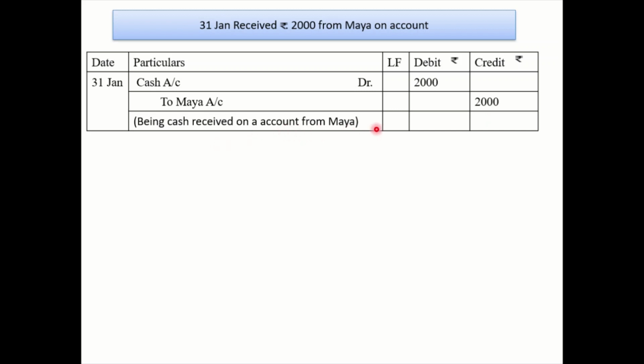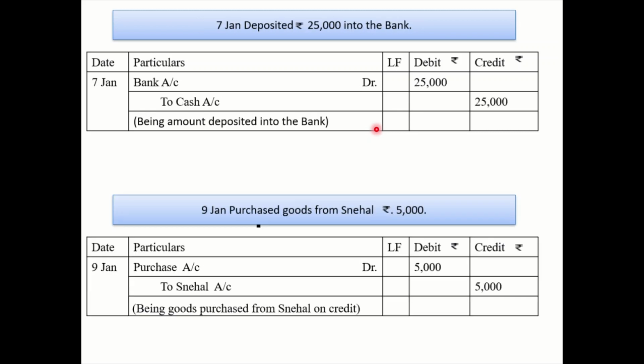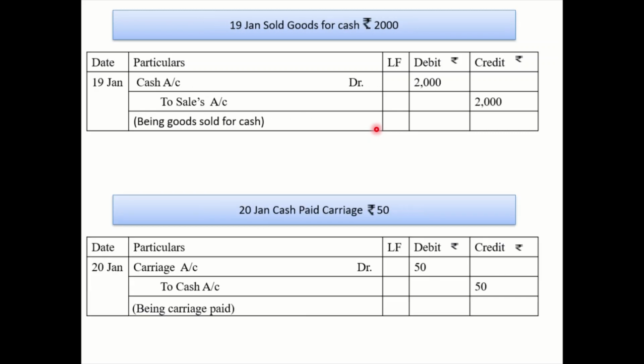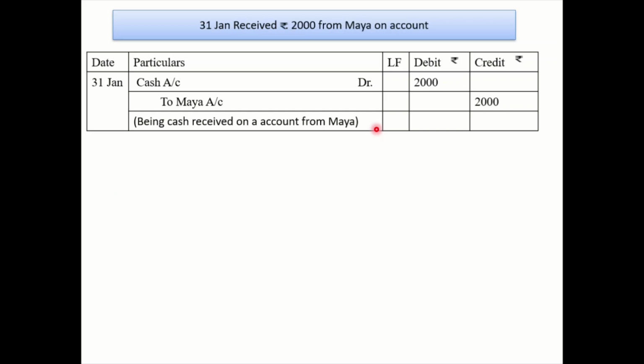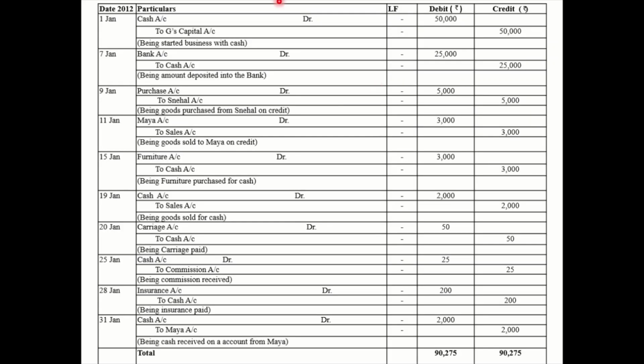These are all the transactions in which we saw how to record transactions in a journal. Now we are going to see overall how the journal entry looks. First transaction, second transaction, likewise we record the transactions. Cash account debited to Geeta's capital account, then narration; likewise we record each transaction.